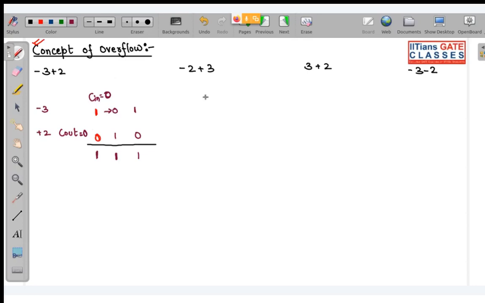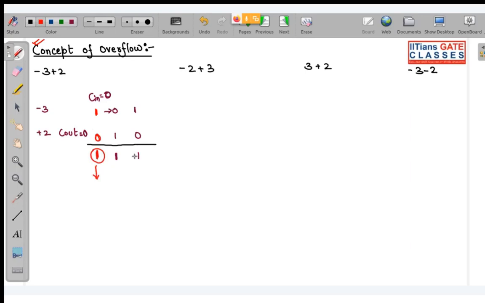Now similarly, let us add these two numbers. Before that, you can see the result we got. As no carry is generated, it will be a negative number, and the sign bit is indicating so. Why? Because it is 1, so this is a negative number.